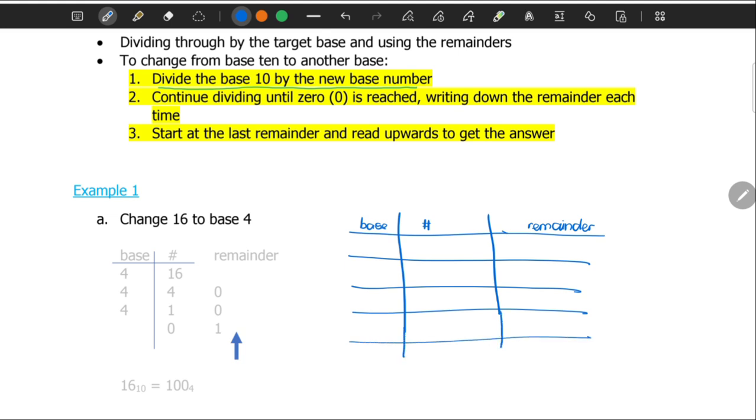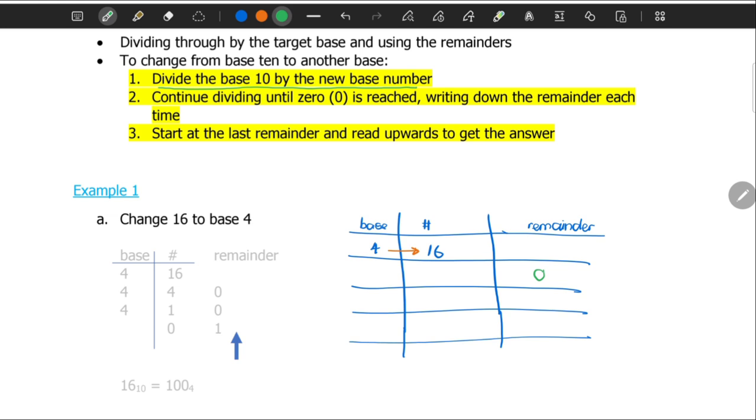For the first part, we know that the base is 4 and the number is 16 that we're starting with. Then you say 4 into 16, that's 4, and the remainder is 0, and you write the remainder down here.